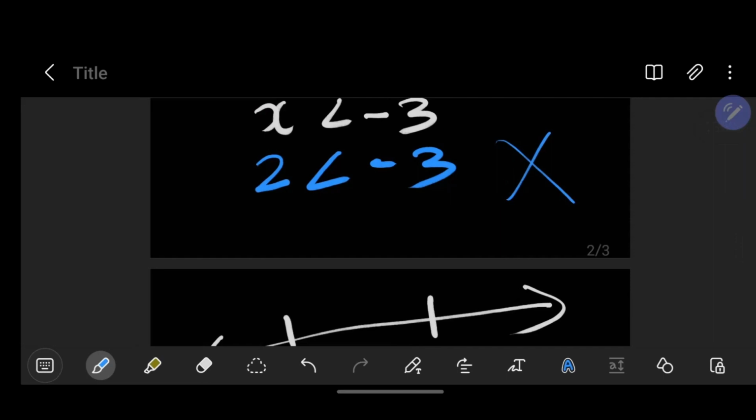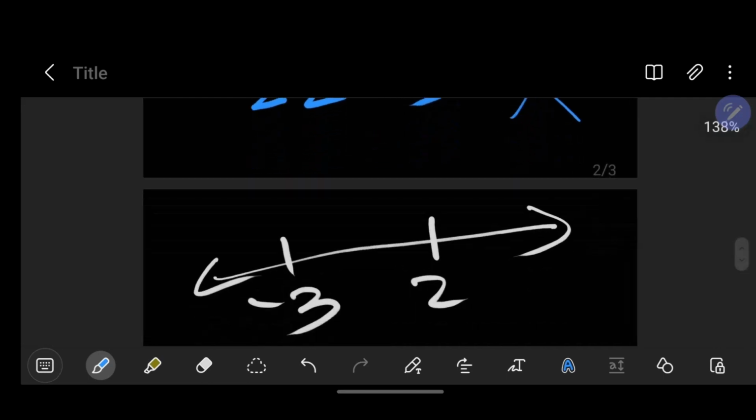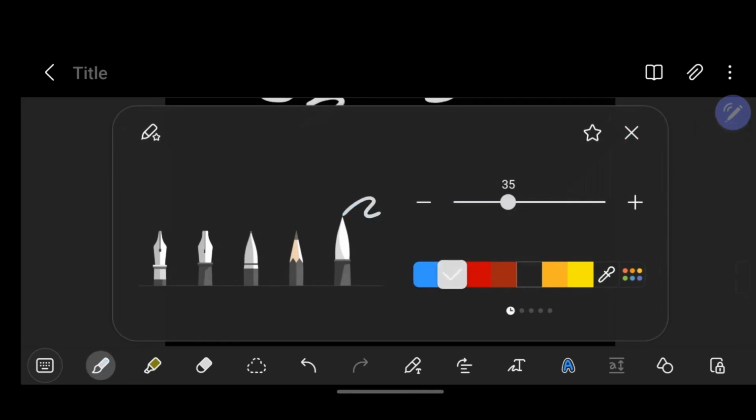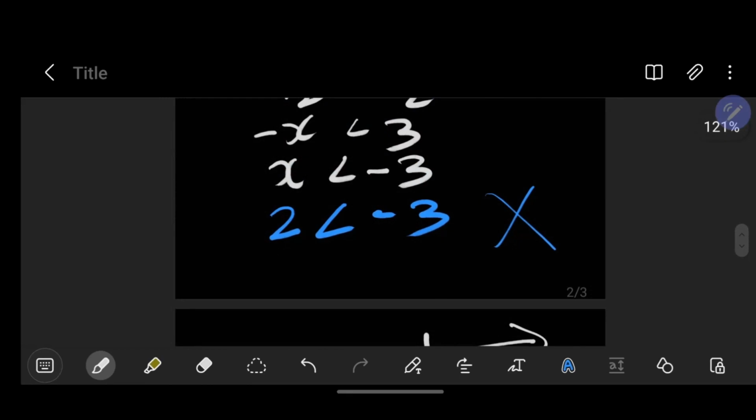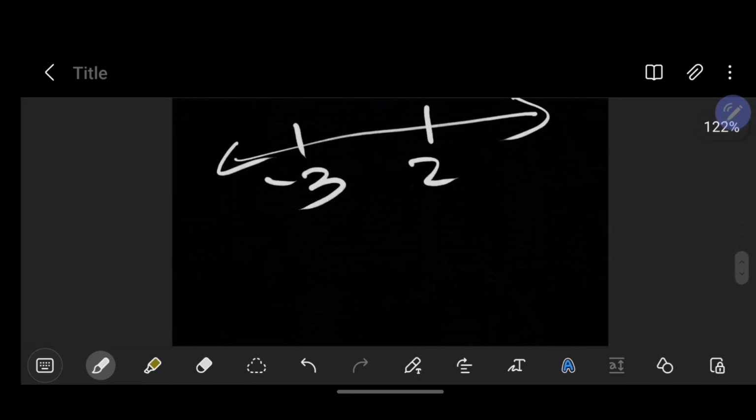So having 2 less than negative 3 without changing the sign does not make any sense. So let's try to make x less than minus 3 true.